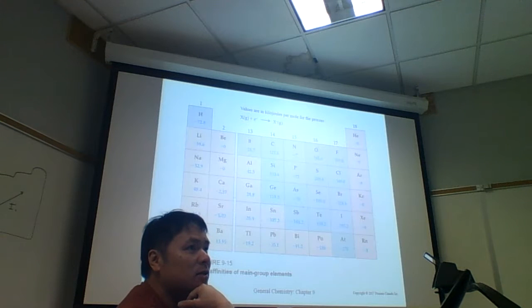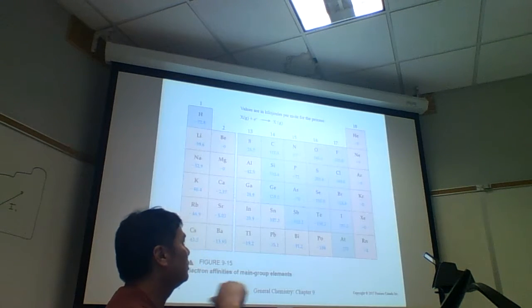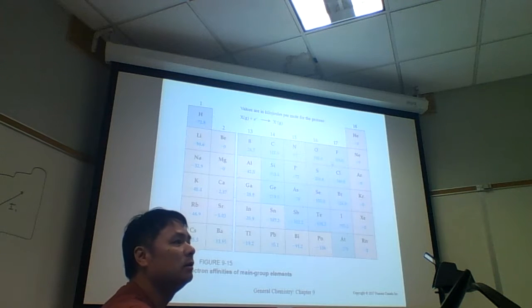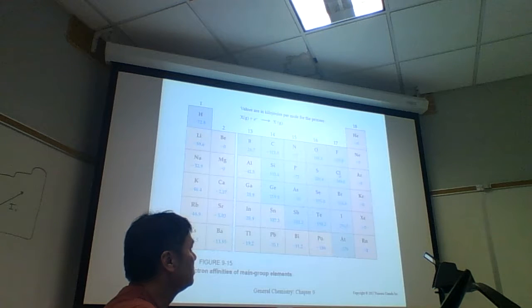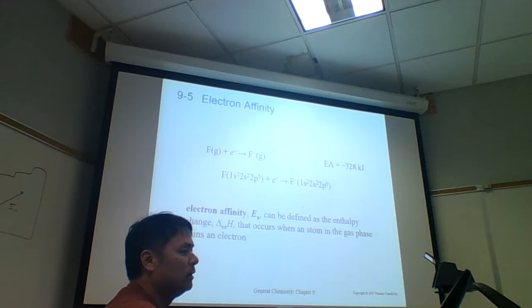But it has an easier time of holding on to the electron because a 3p orbital is larger than a 2p orbital. Since the 3p orbital is larger, it can accommodate the electron with less electron-electron repulsions. And so the reason why chlorine has a higher electron affinity is because it has a larger p orbital. A larger p orbital means it can hold on to it.